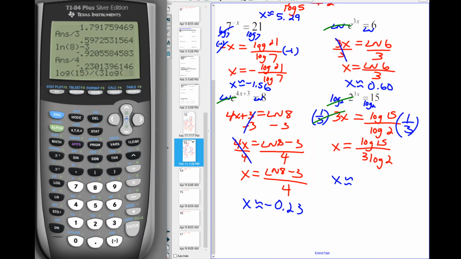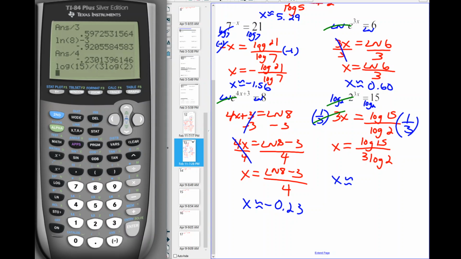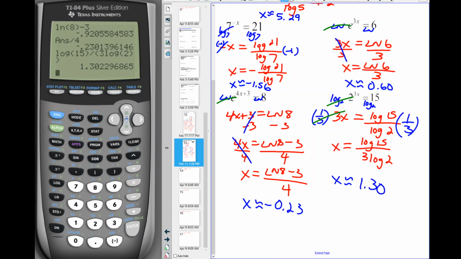So by the time I finish it off by putting 2, how many times do I got to close it? For shizzle. And that gives you 1.30 approximately. No caps.